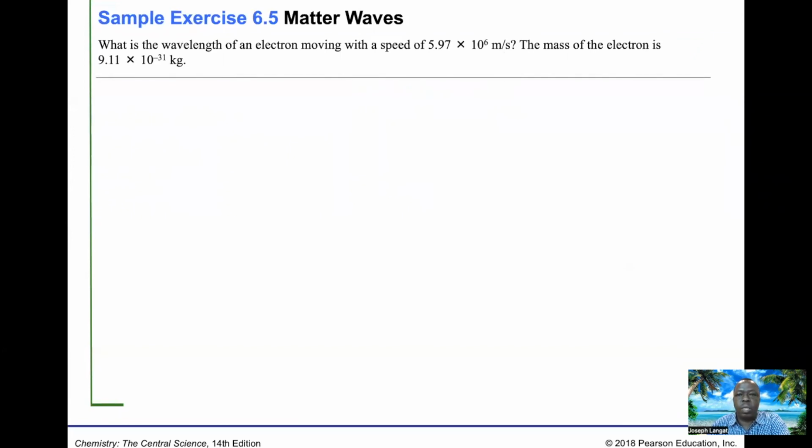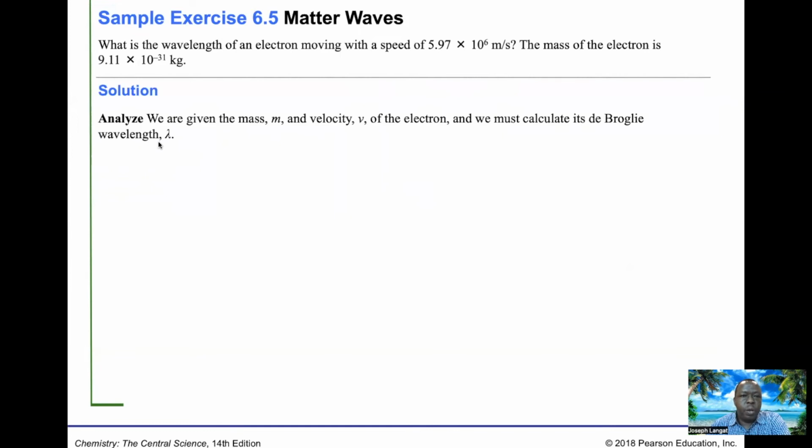We don't need to change that. The mass of an electron, you will be given this, you don't need to remember that. We know an electron is matter, so we will need the de Broglie. It's not light, so you have to know that this is a de Broglie. Some questions will ask for the de Broglie wavelength.